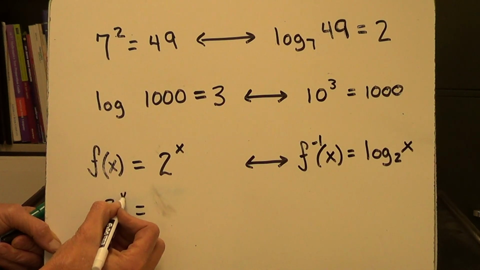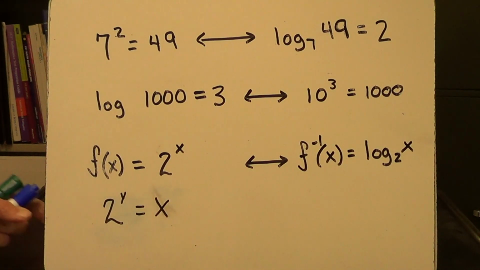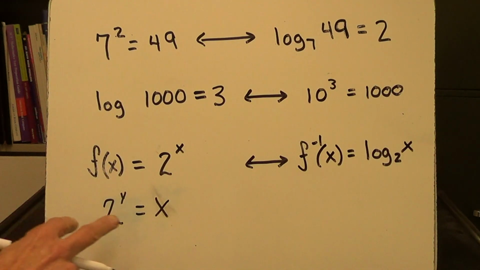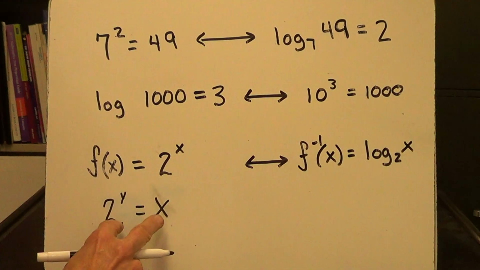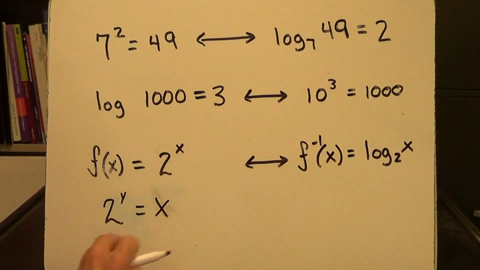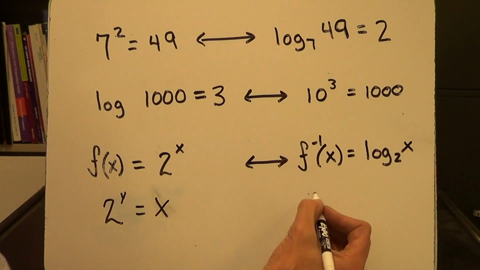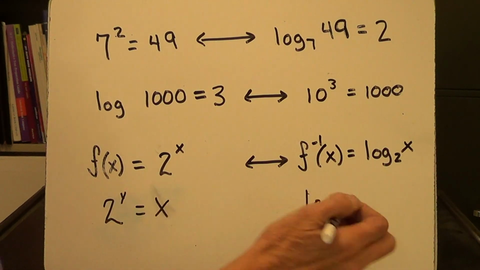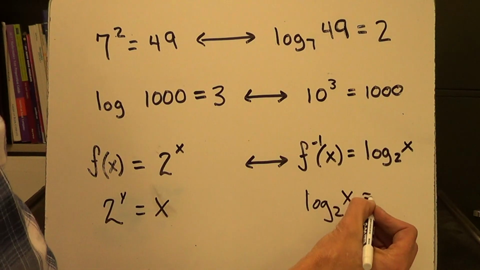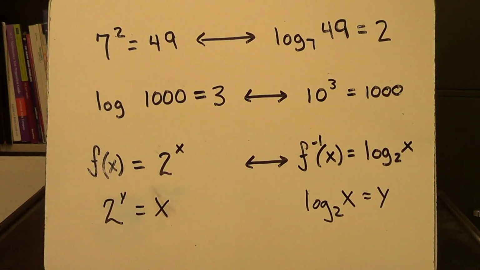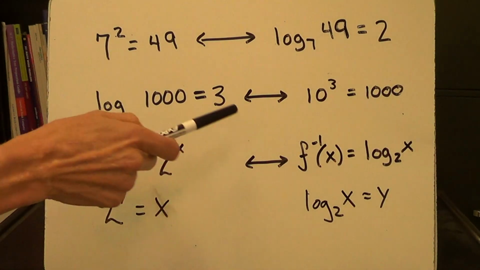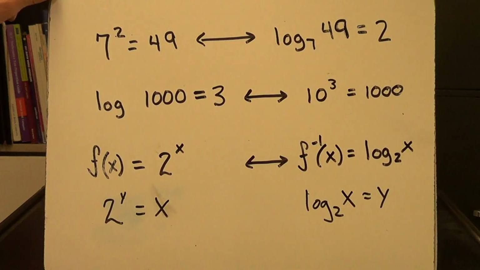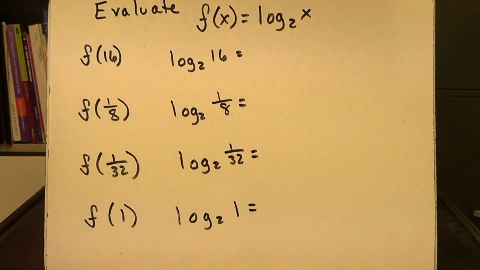I would have 2 to the y equals x, and so on my inverse of that, to solve that problem, I would say my base 2, log base 2 of x equals y. Okay, so that's kind of how you'd step through solving it. It's kind of rough to see this way. I think it's easier to see up here with these. Okay, that's how the inverse works.